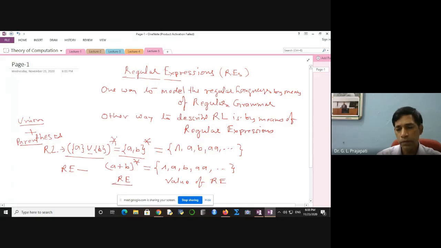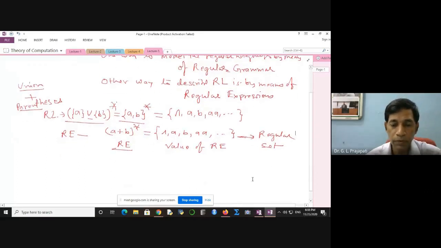The value of a regular expression is also known as the regular set. So this is also a regular set. The value of every regular expression is a regular set. Whenever you have a regular expression, it is going to denote some kind of set.